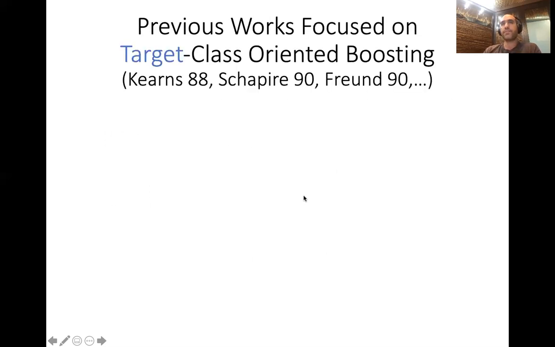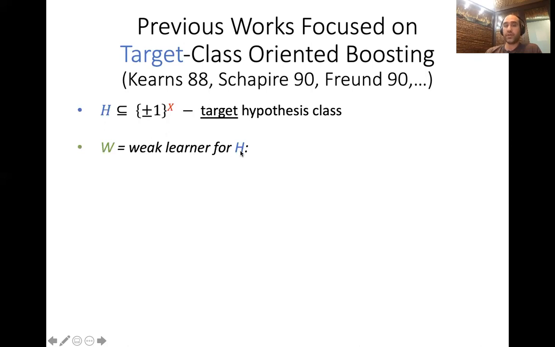Okay, so from a theoretical perspective, boosting has been considered since the end of the 80s, just a little bit after the definition of PAC learning by Valiant. And the original formulation of boosting was the following. Assume we have a target hypothesis class H, which is a class of concepts. And assume that we have a weak learner for H in the sense we explained earlier.